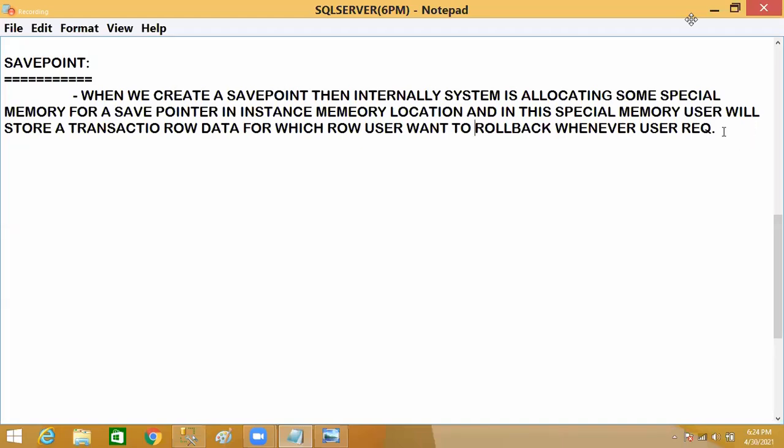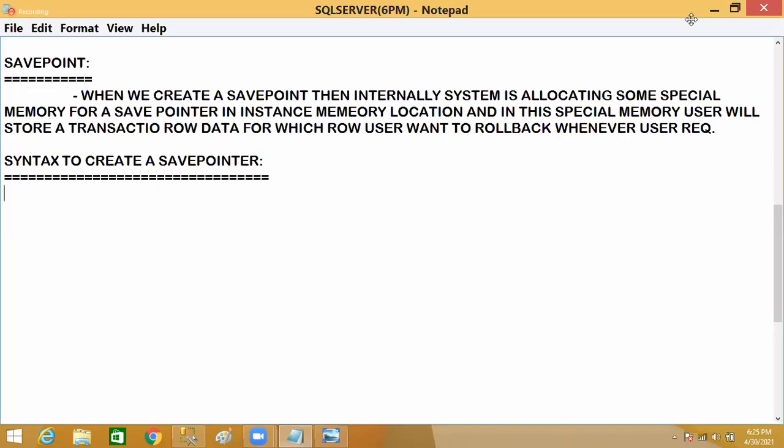Now observe the syntax. What is the syntax to create a savepoint? Let you see, guys.